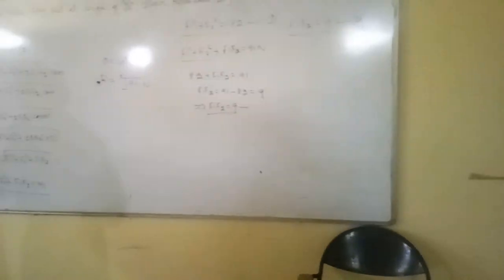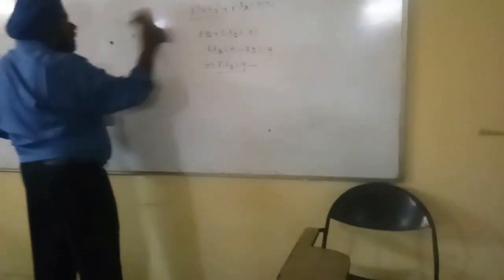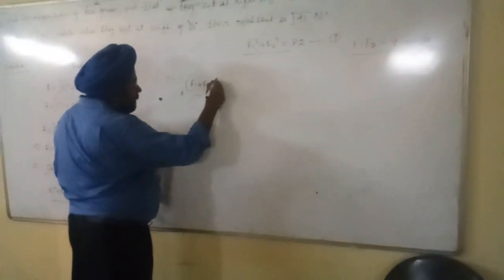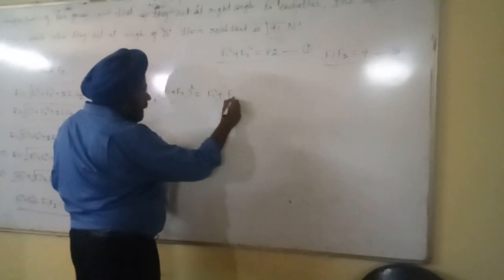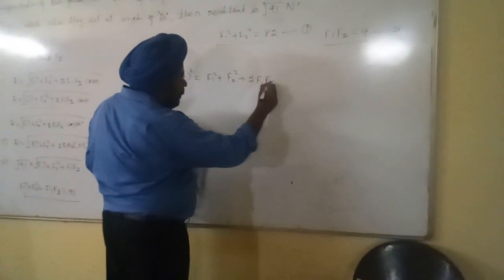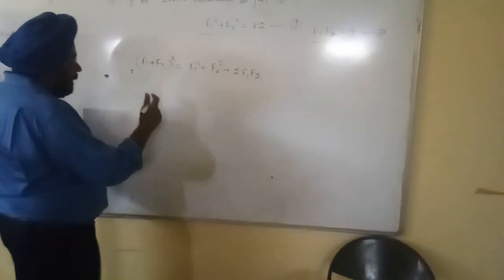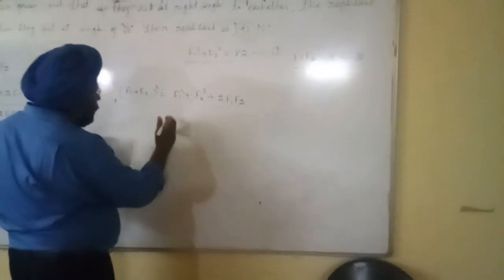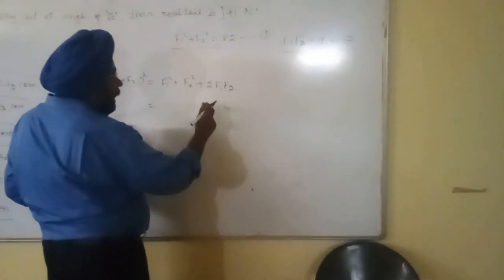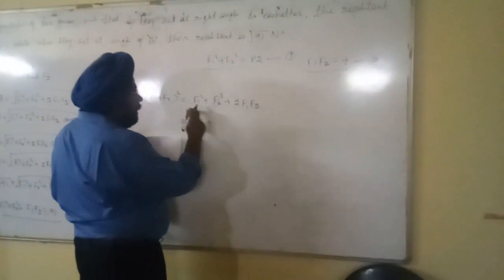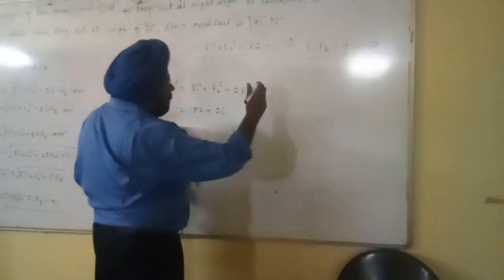Now we know that (F1 + F2)² is equal to F1² + F2² + 2F1F2, as per (A + B)² equal to A² + B² + 2AB. So that is 82 plus 2 times F1F2, which is 9.